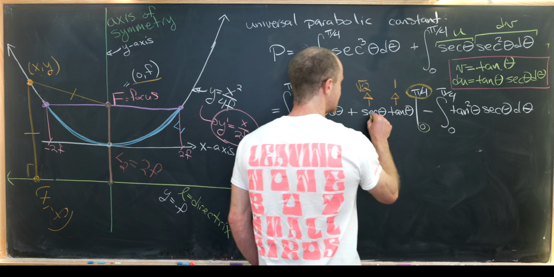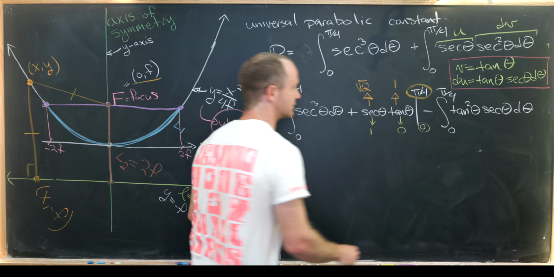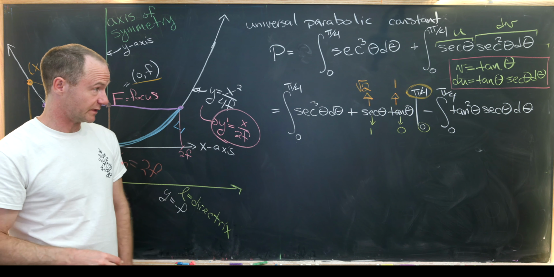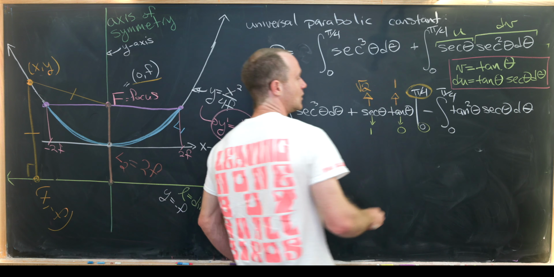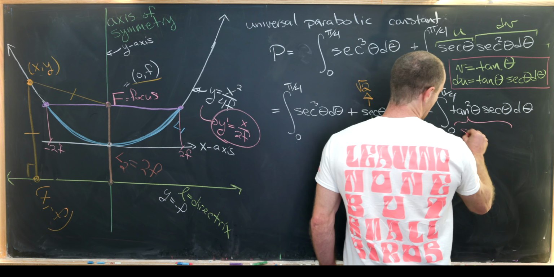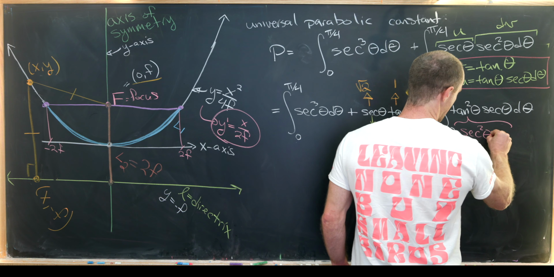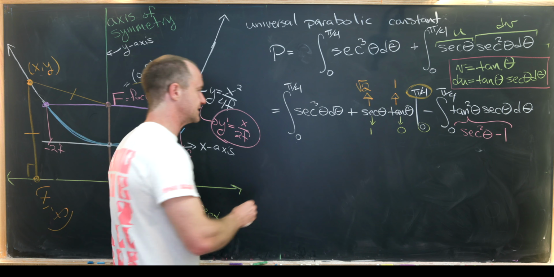And then secant of 0 is 1, whereas tangent of 0 is 0. So that's the simplification that we get here. Furthermore, we can use one of our trig identities to take this tangent squared theta and write it as secant squared theta minus 1. So let's see where that leaves us.